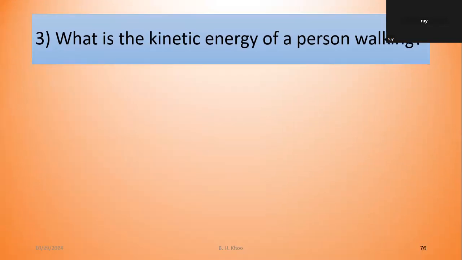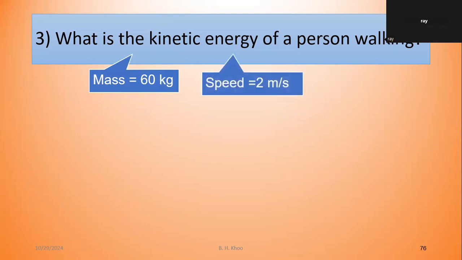Okay, this one is more of a memory work. What is the kinetic energy of a person walking? Either you memorize it or you work it out, roughly estimate. Half mv squared. Objective. Person mass roughly 60 kilograms, or use your own.